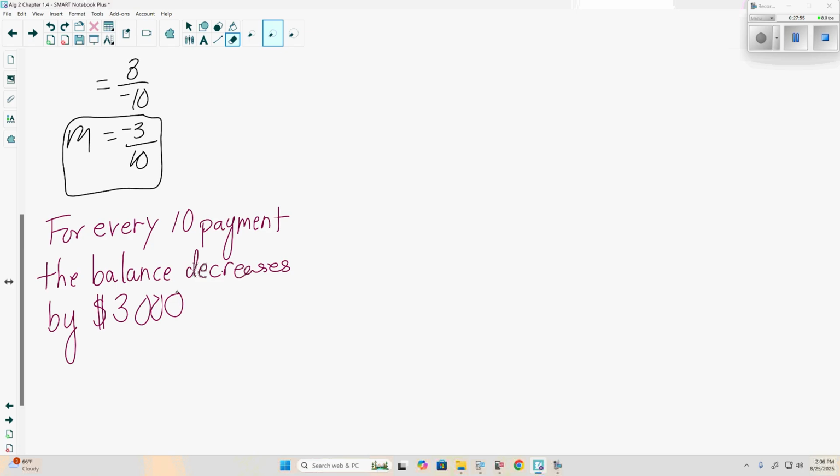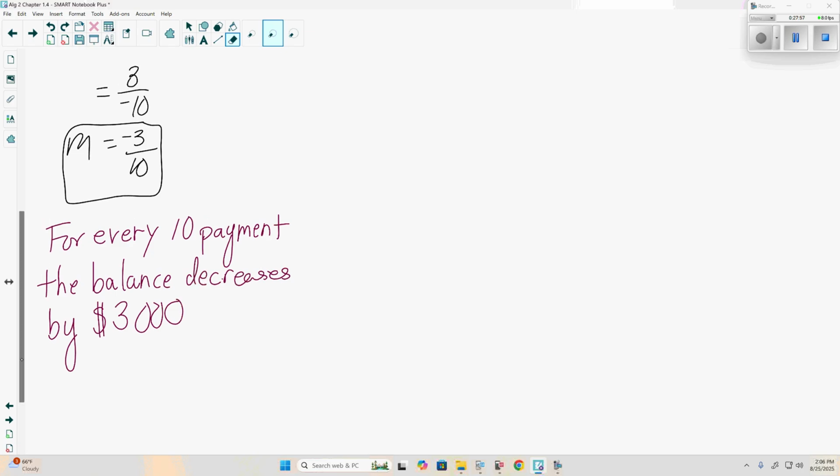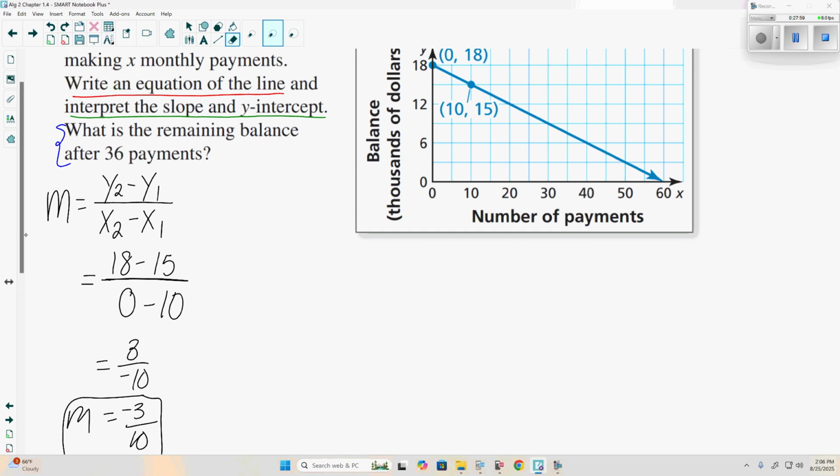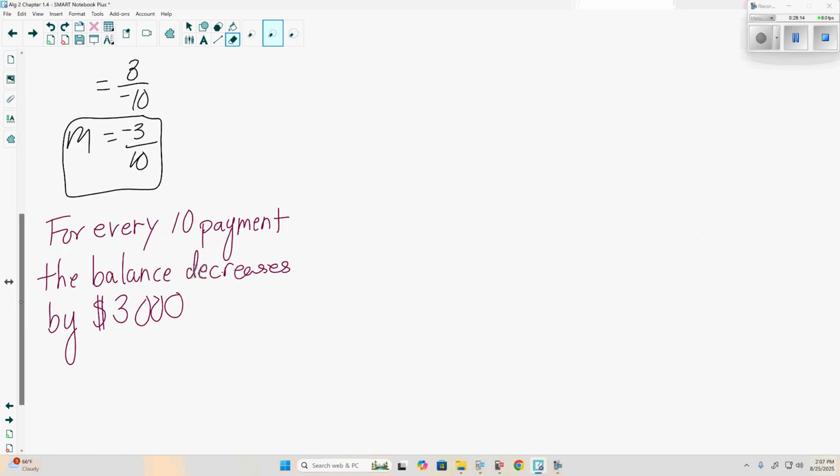If it was, and this table was not in thousands of dollars, it was $18, I don't know who in their right mind would make a 60-month payment plan for $18. I would really hope you'd be able to pay that off. Does that make sense? So we write it this way so that the scale looks better.